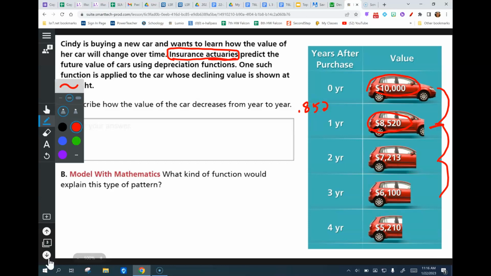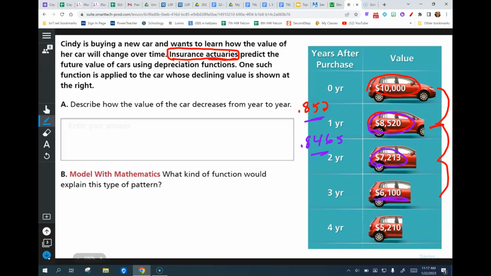So now this time, you're going to take 7213 divided by 8520, and we get 0.8465. Okay, pretty close. Then 6100 divided by 7213. I did that wrong, didn't I?